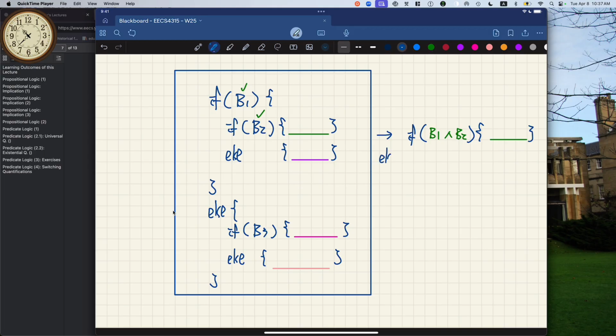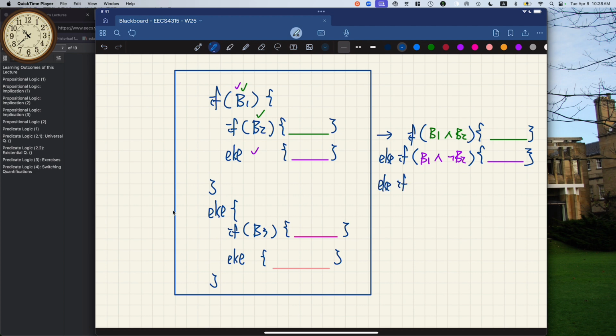And then we can do else if, a different condition there: B1 and also not B2, and that one is going to be here. And then you see the idea.